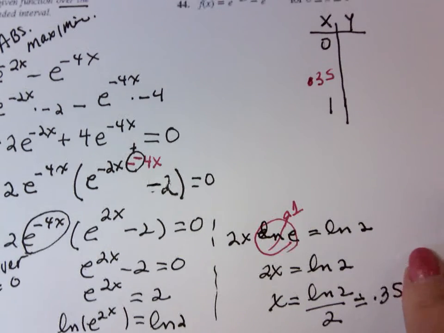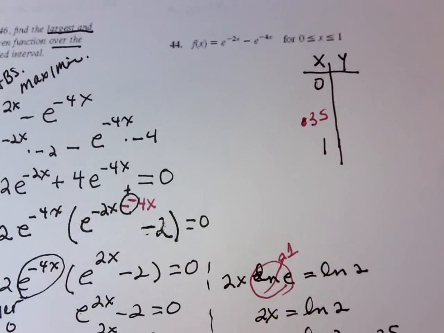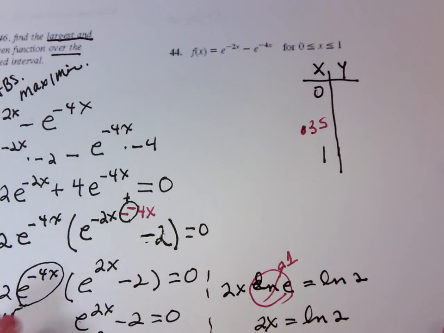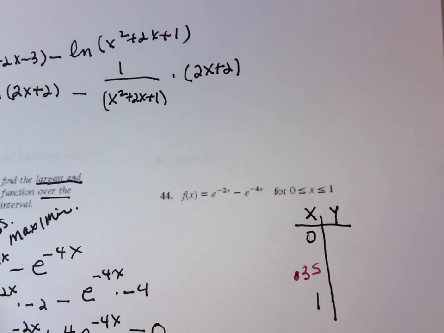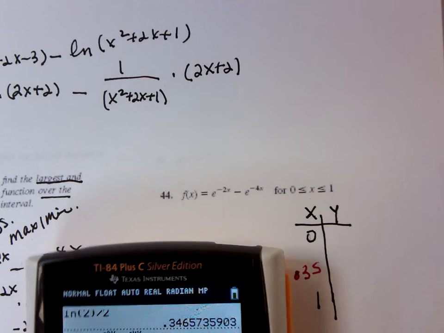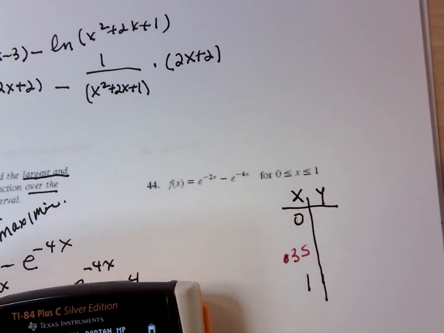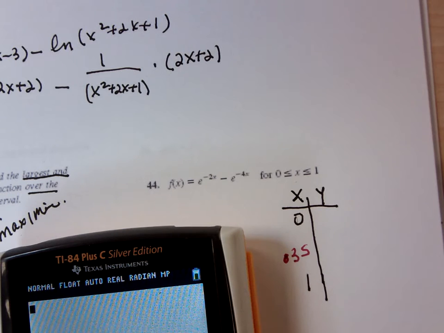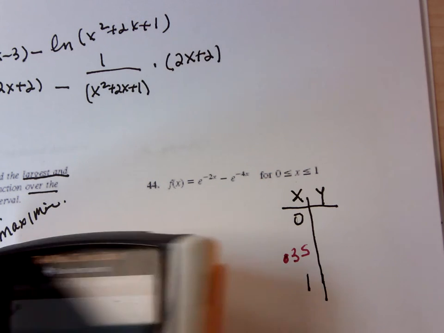So there's a couple of things that we can do with our calculators. You can go at it hard and fast, that's one way. I can basically say it is going to be e to the negative 2 times 0.